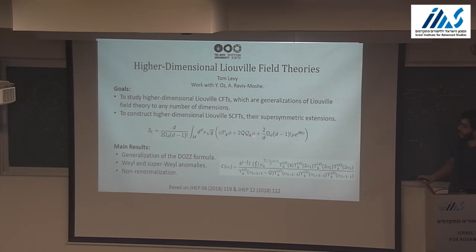The 2 objects that appear in this action are P_d, the GJMS operator, which is a generalization, covariant with respect to Weyl transformations, of the Laplacian to the power d over 2. So this action contains higher derivatives. And Q_d is a scalar curvature invariant, which also transforms covariantly under Weyl transformations.